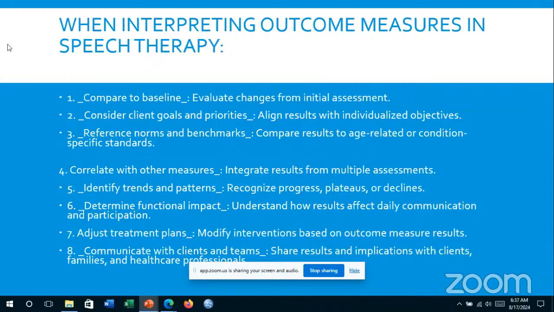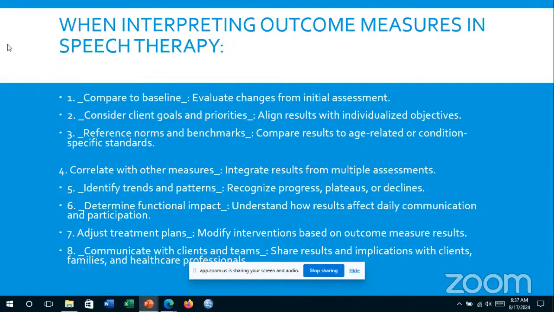You have to evaluate scores against age-related or condition-specific norms. You have to compare the current score to the initial score to determine if progress has been made. You have to determine significance. That is when you evaluate if the change is statistically significant or clinically meaningful.